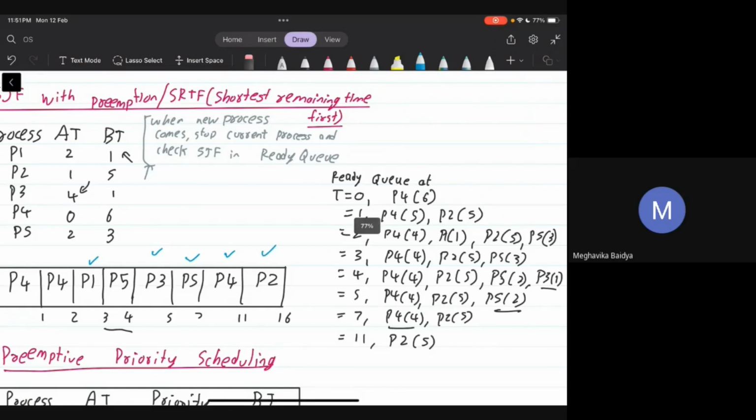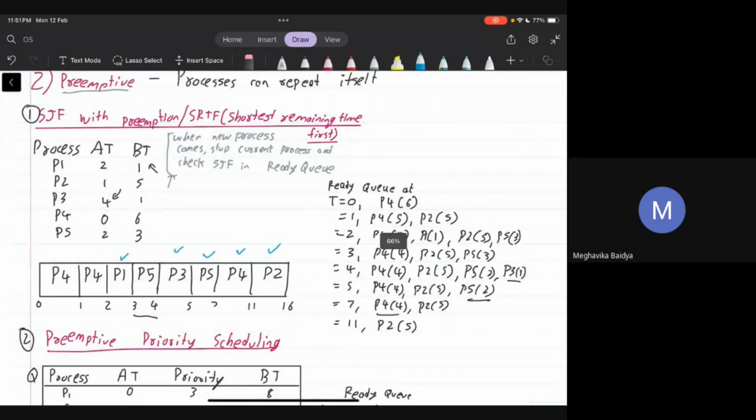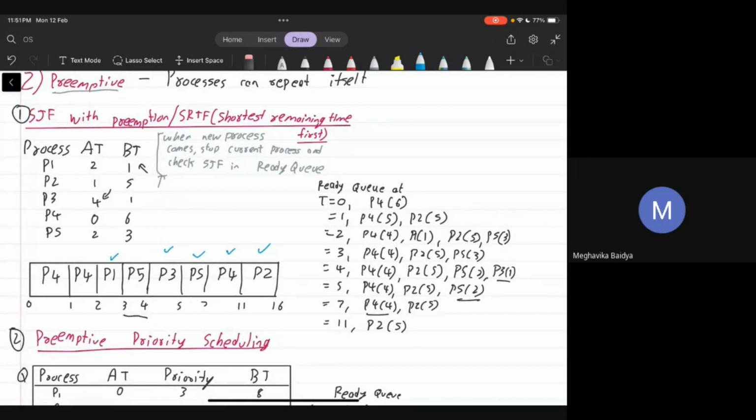So once all the processes arrive in the ready queue, we are going to do the non-preemptive version. The only difference between preemptive and non-preemptive is that in preemptive, whenever a new process comes, you have to interrupt the CPU. So this Gantt chart is basically the CPU.